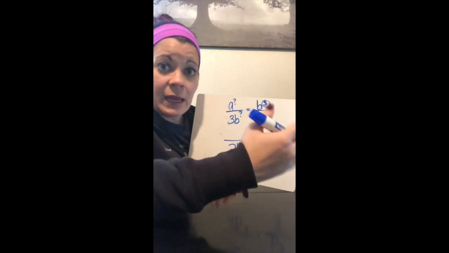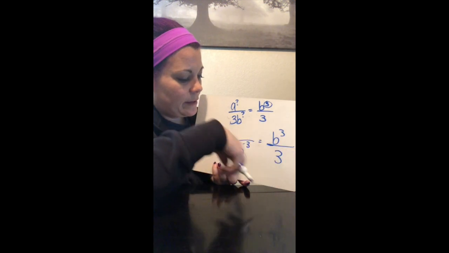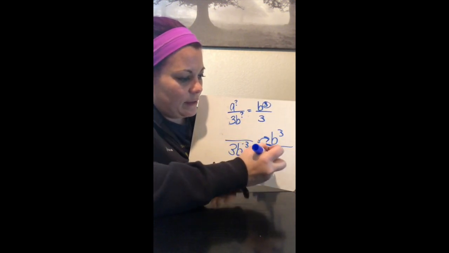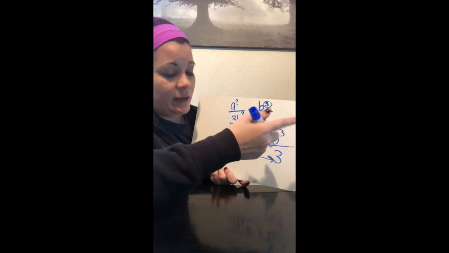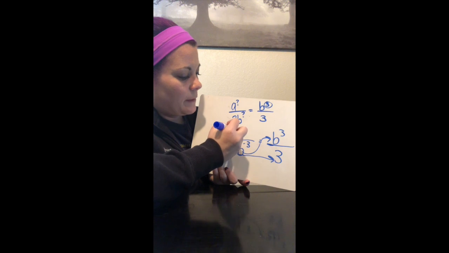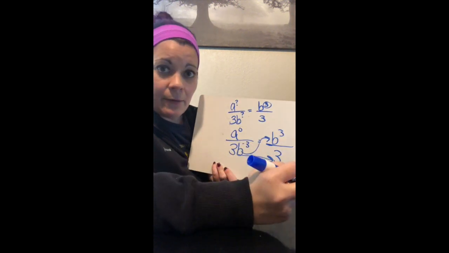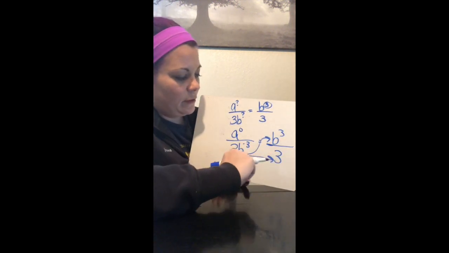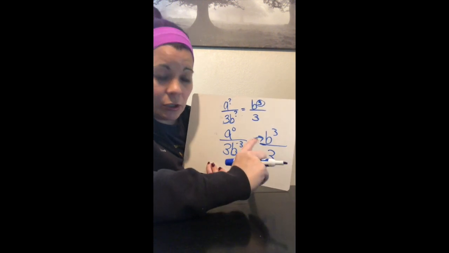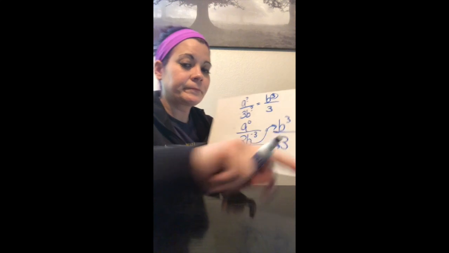Well, how do I make a just go to 1? Because this moved up here, but the 3 just stayed the same, and there's nothing else there, so obviously a became a 1. So a to the 0 power becomes a 1, just giving you a to the 0 over 3b to the negative 3, which will simplify to b cubed over 3.